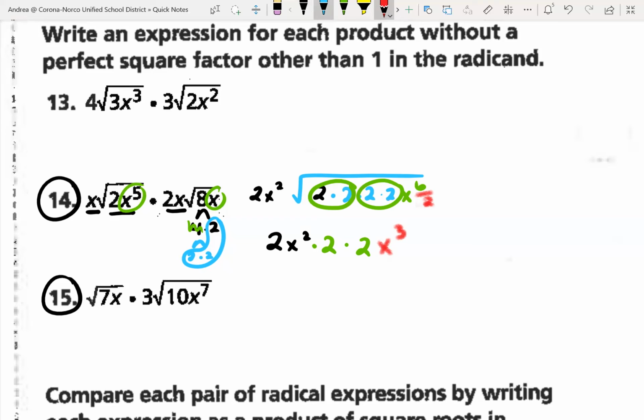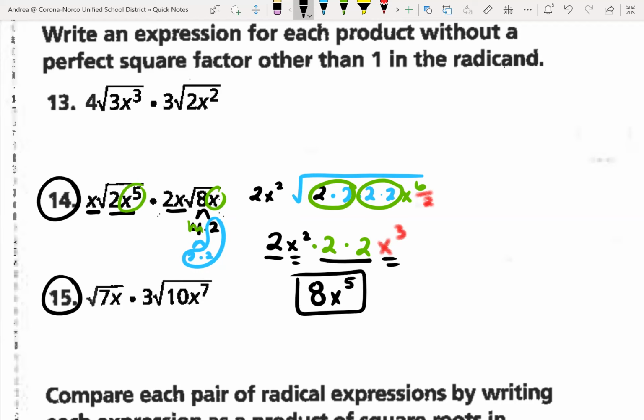So I just multiply this all together. 2 times 2 times 2 is 8. X squared times x cubed is x to the 5th. So that's it. Find your mistake. Fix that mistake. Any questions over that?